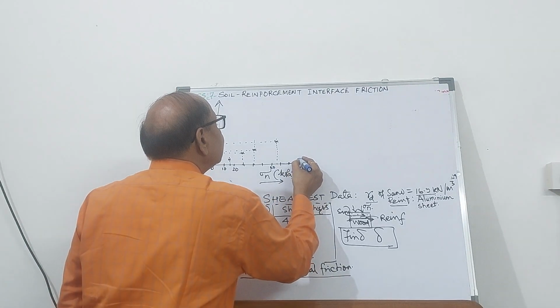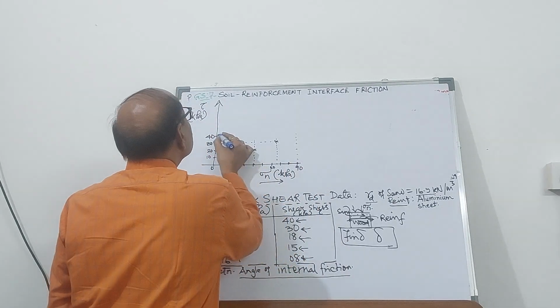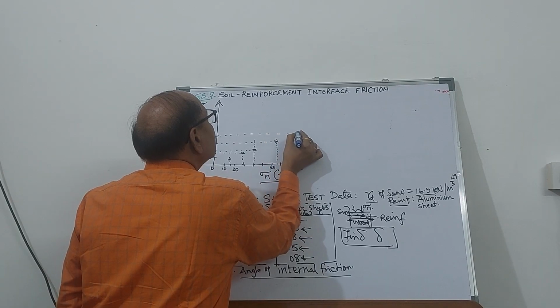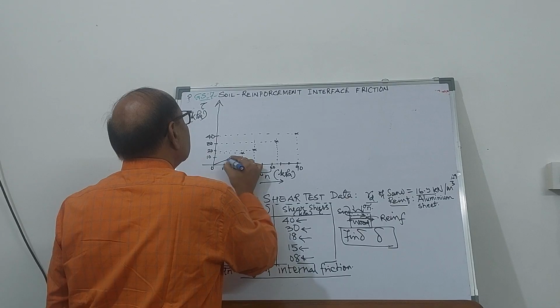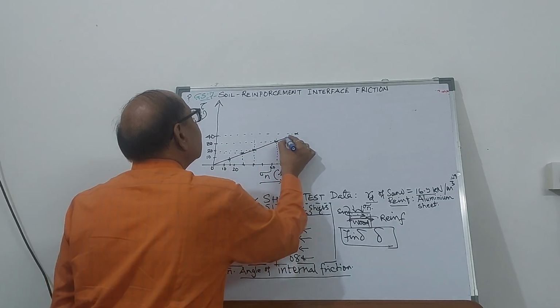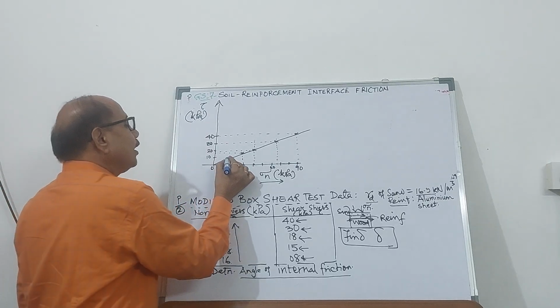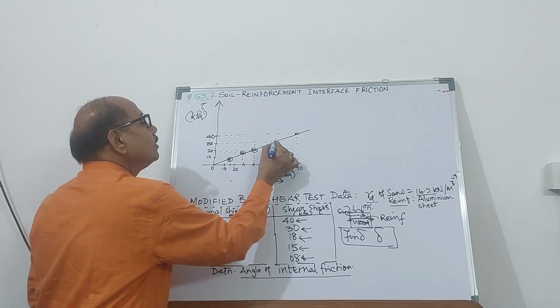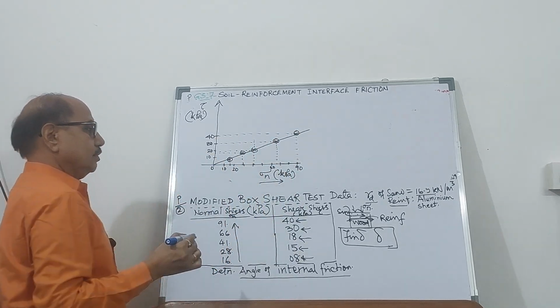And when it is 91, it is 40. So you can draw a smooth line. These were the points, 1, 2, 3, 4, and 5.